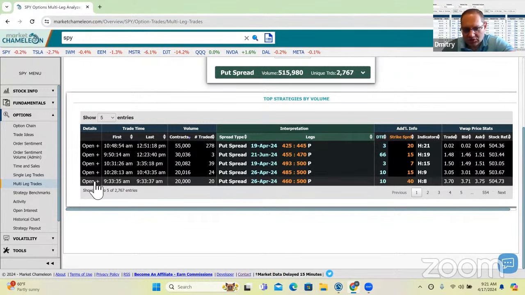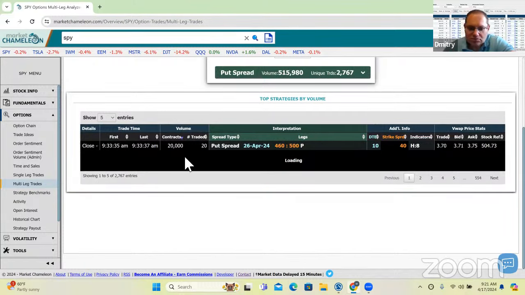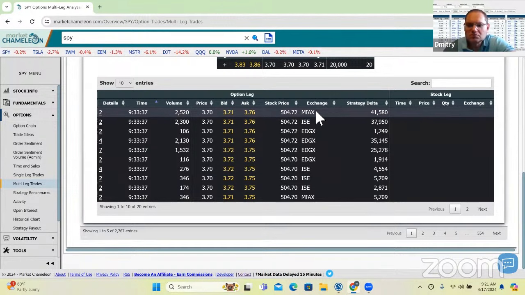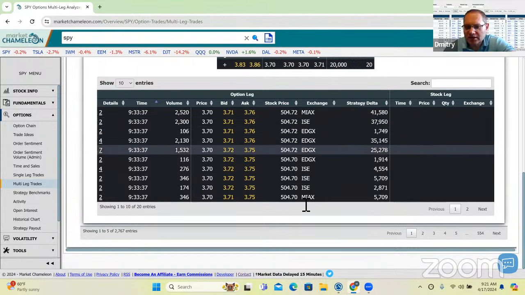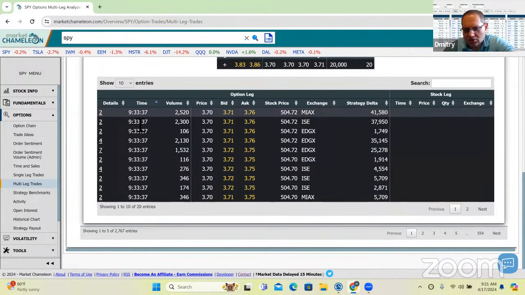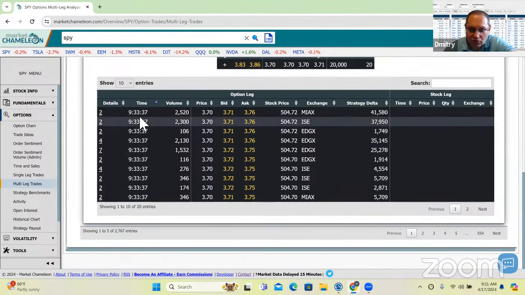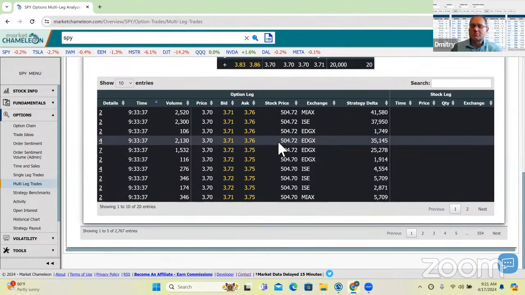So let's look at that one. I'm going to open it up. And you can see here, my EdgeX traded it. This one looks like it traded really quickly, not throughout the day, from 9:33:35 to 9:33:37. So perhaps that person's already done. You could always try to see if there's more.